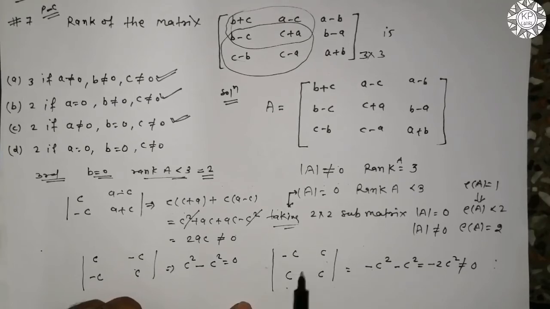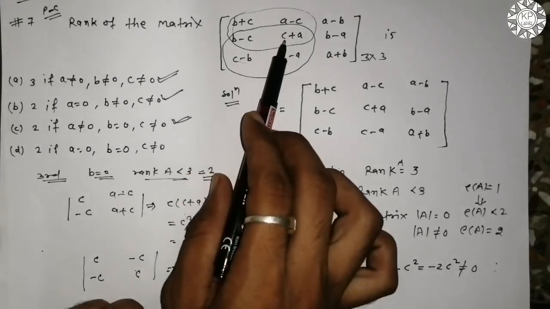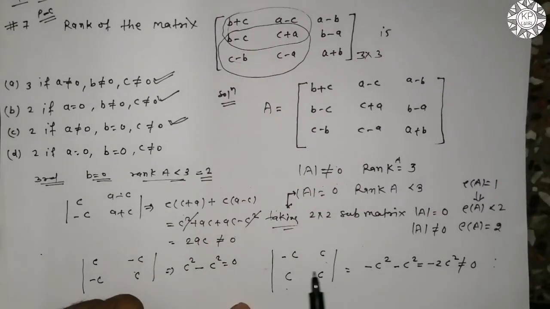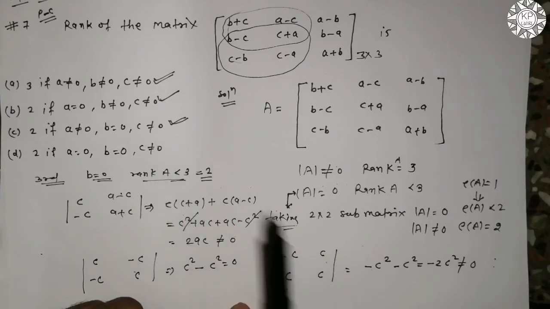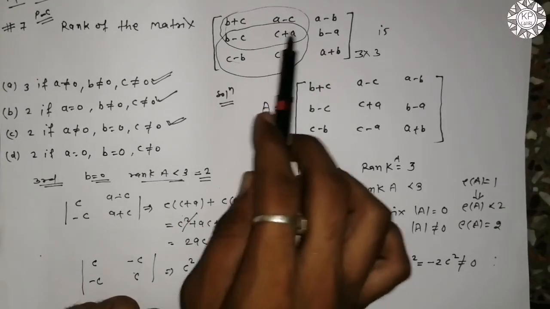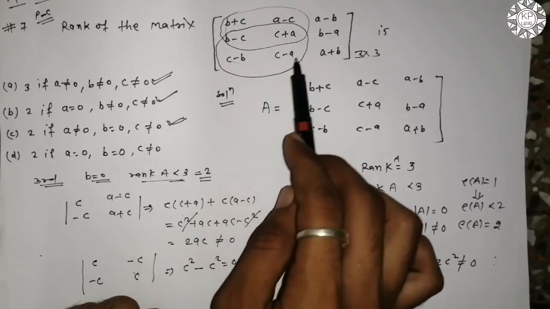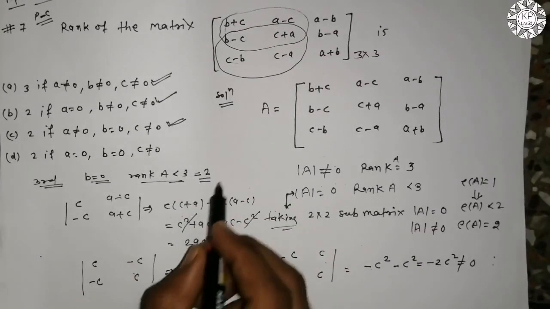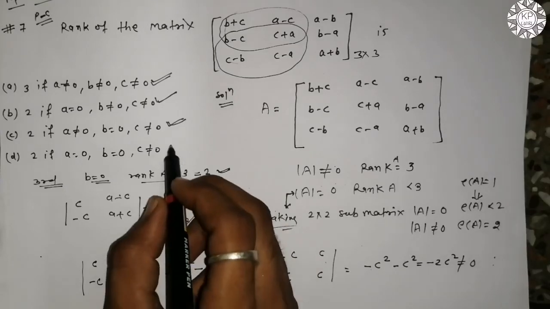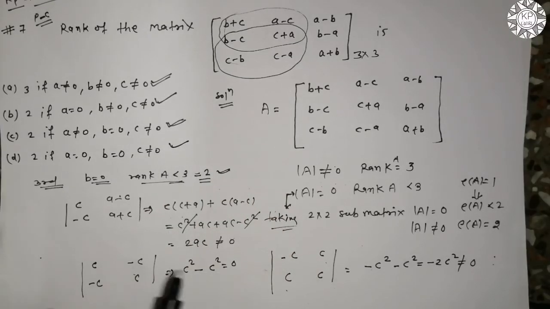Taking this 2 cross 2 matrix, putting a equal to 0 and b equal to 0 in this block and finding the determinant, we get minus 2c square, not equal to 0, because c is not equal to 0. So three blocks are 0 but one non-zero block of 2 cross 2 exists. It means rank of A equals 2, which means the fourth option is also true.